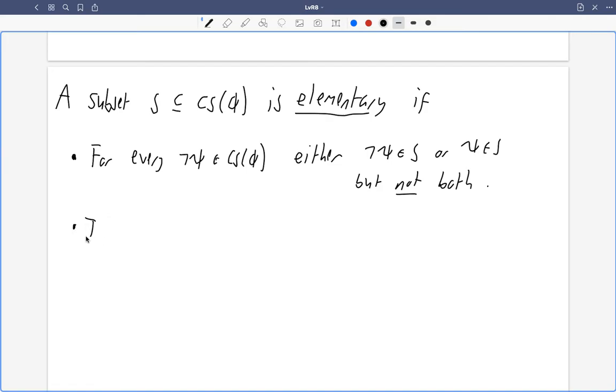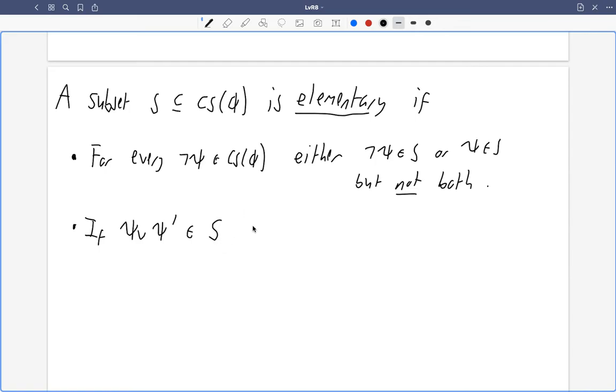Also if we have a disjunction, psi or psi prime, and it belongs to the state S, well, if a disjunction is true at the state S, then that means either psi is true or psi prime is true. So one of these must belong also to the state S if we want S to contain all the formulas from the complemented subformulas that are true.